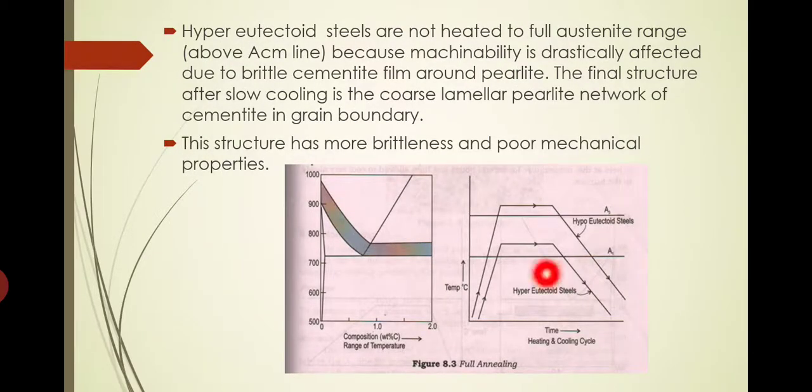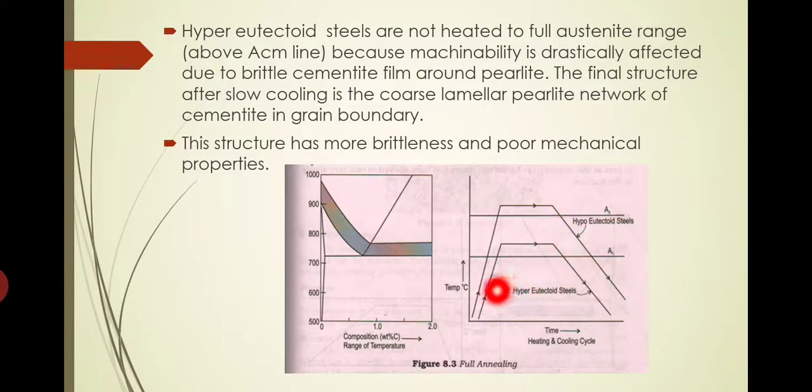So this is the schematic diagram representing it. See, this line shows the upper critical temperature for hypoeutectoid steel. For annealing, we will initially heat to a temperature above the upper critical temperature, and we will hold at that temperature for a particular time. Once complete austenite transformation takes place, we will go for the slow cooling that is shown by this curve.